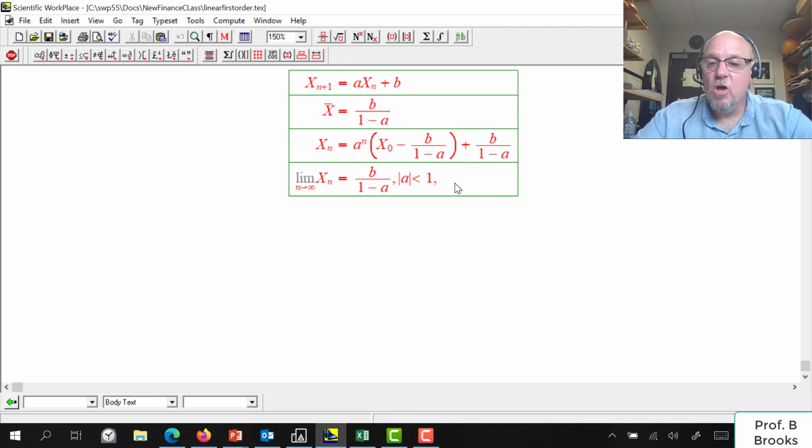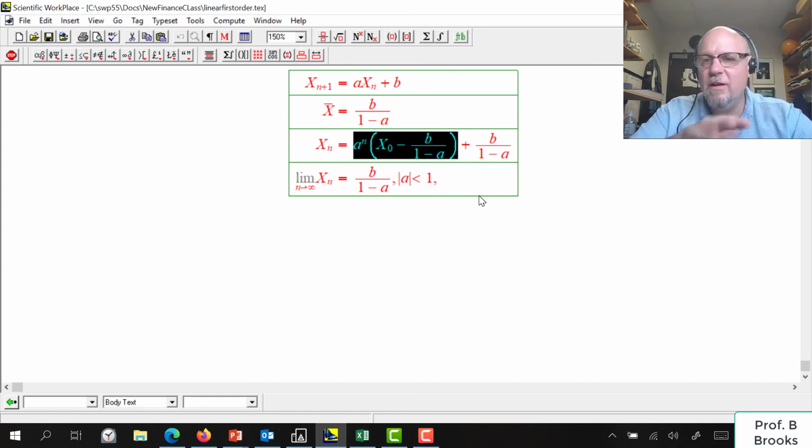But if a is not a fraction, then this piece goes to infinity, maybe minus infinity, depending on the signs of a and b and x naught and that kind of thing.